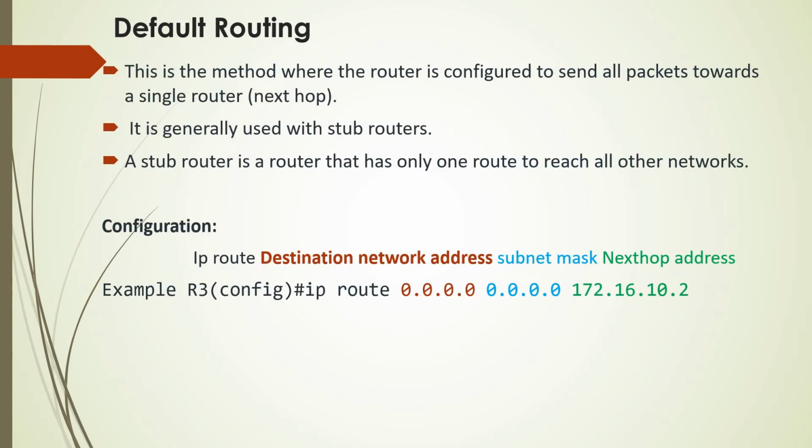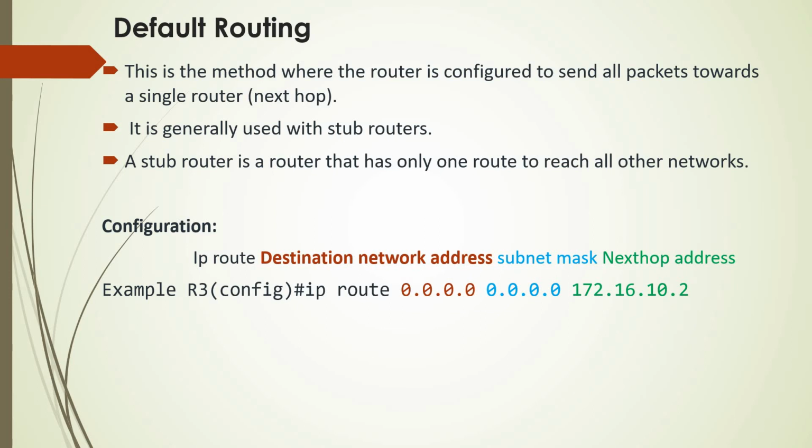Now, default routing is quite the opposite of static. In static routing, the administrator must know all the information about the destination, everything. But here, we don't know any information. We don't know about the destination networks, or anything.